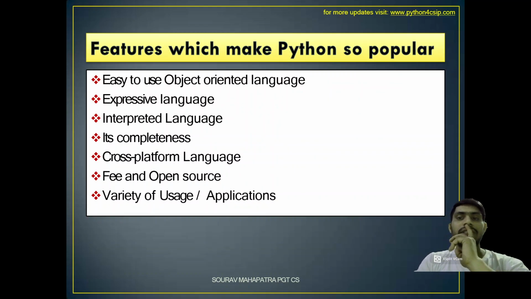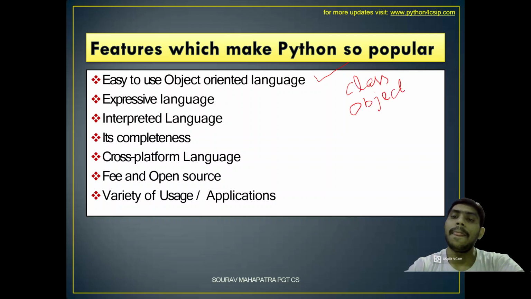Then features. Why will you choose Python as the best language in the market? It is an easy to use object oriented language. What are the different object oriented concepts you will get? Like class, object, inheritance, polymorphism.